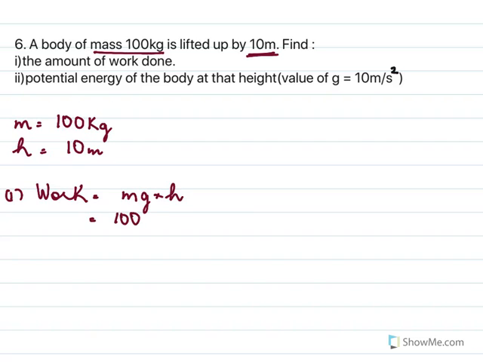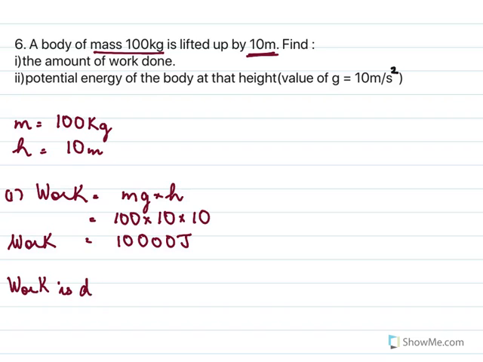So here we have 100, we have g is given as 10, and this is height. So this is 1, 2, 3, 4 joule is a work done. Now this work, you can just mention this work is done against the weight of the object, or the gravitational pull of the object.